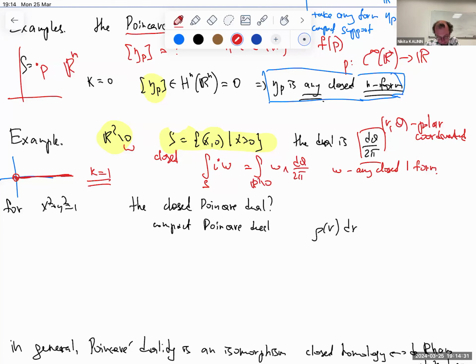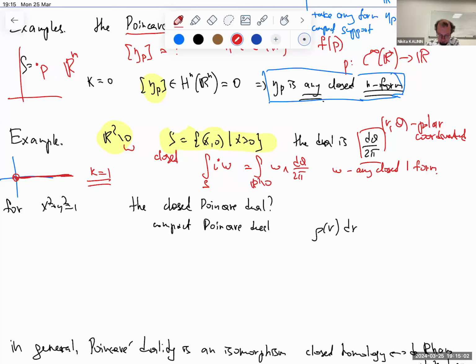Okay. Why is it true? Maybe we can use Stokes formula for the right integral.